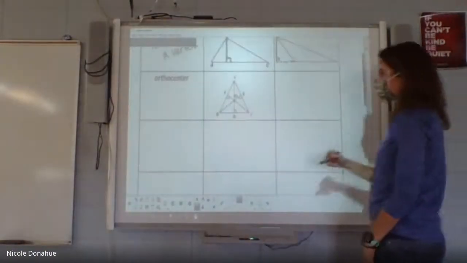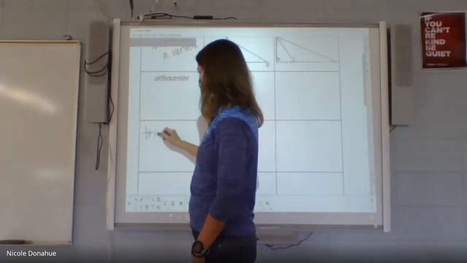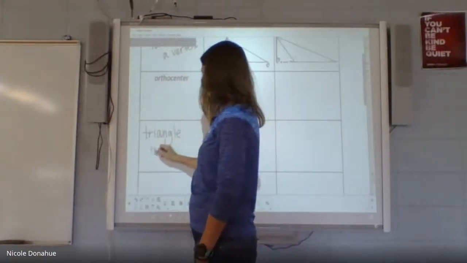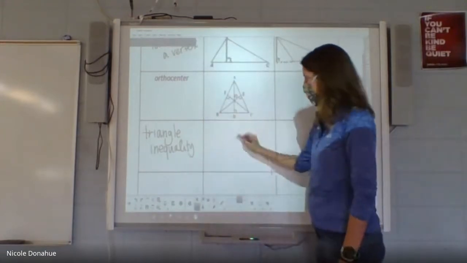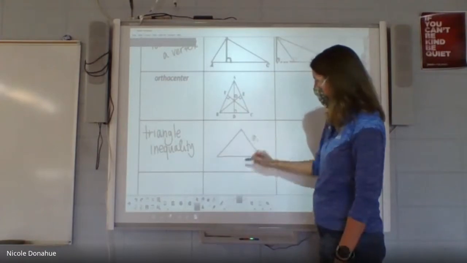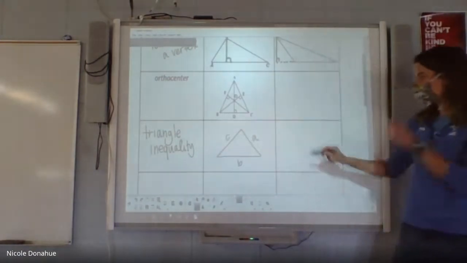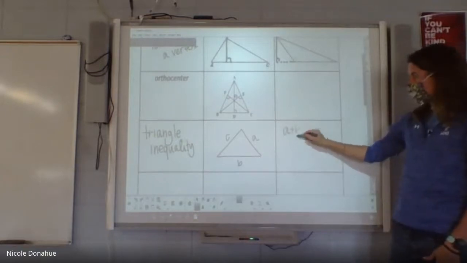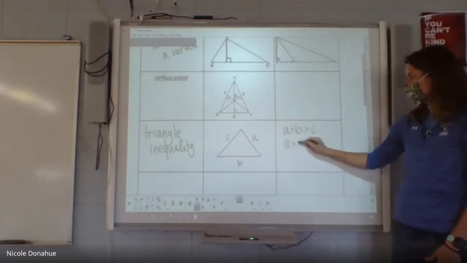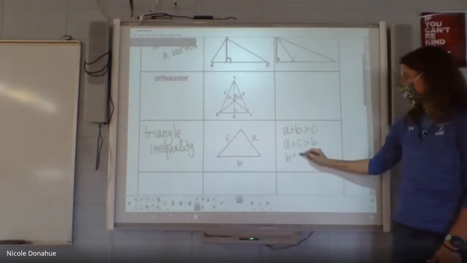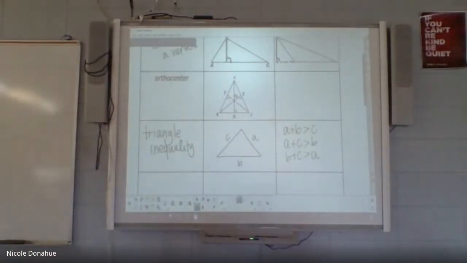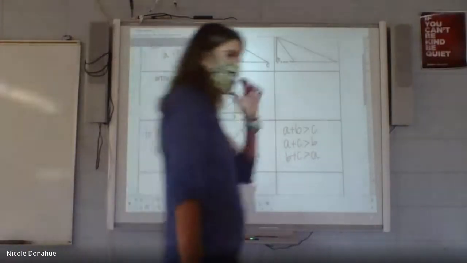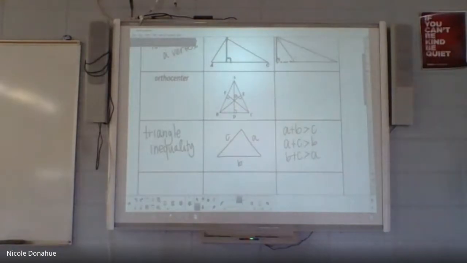All right, so the thing I'm going to add to this is the triangle inequality. This is what we talked about last class. The triangle inequality says any 2 sides added together have to be bigger than the third side.